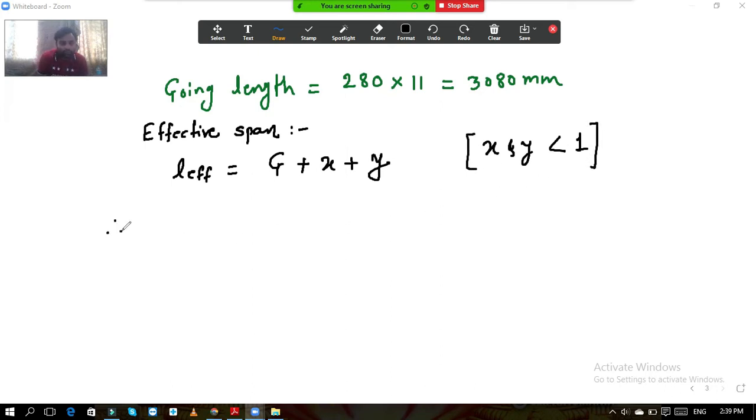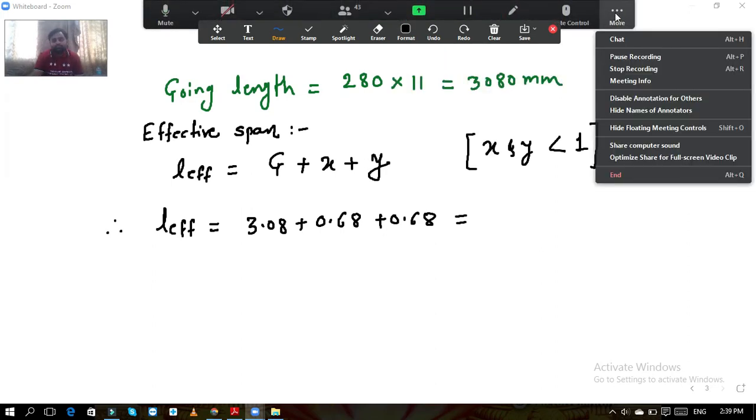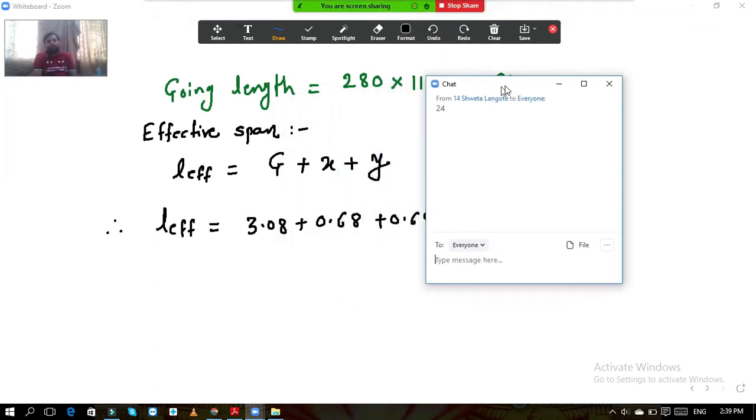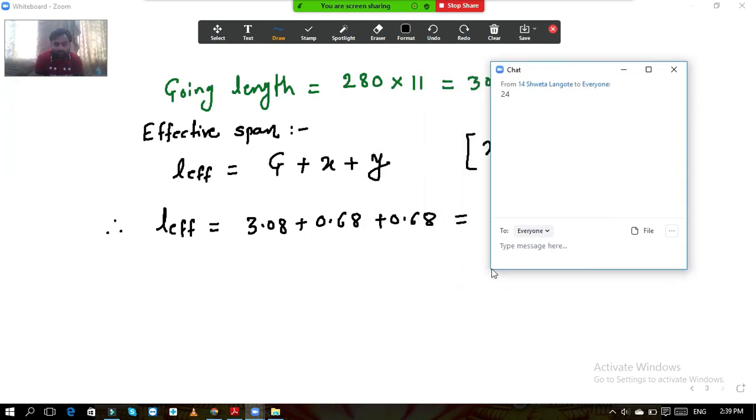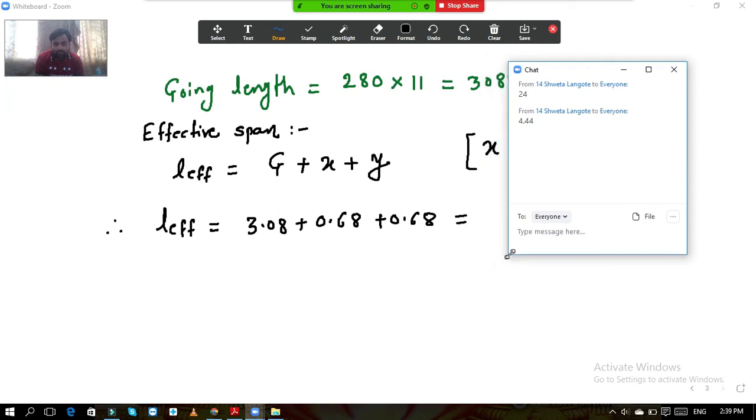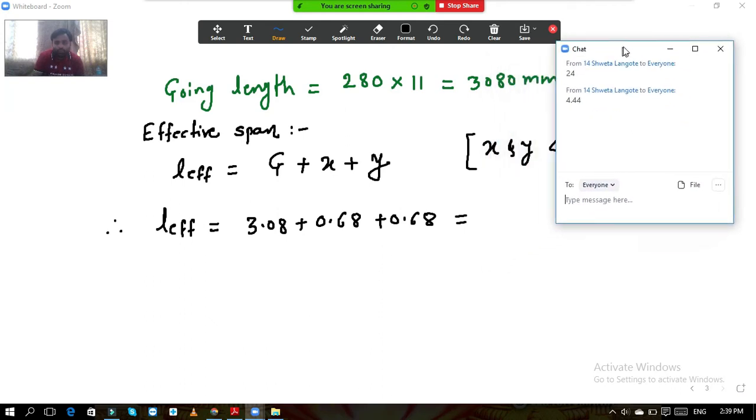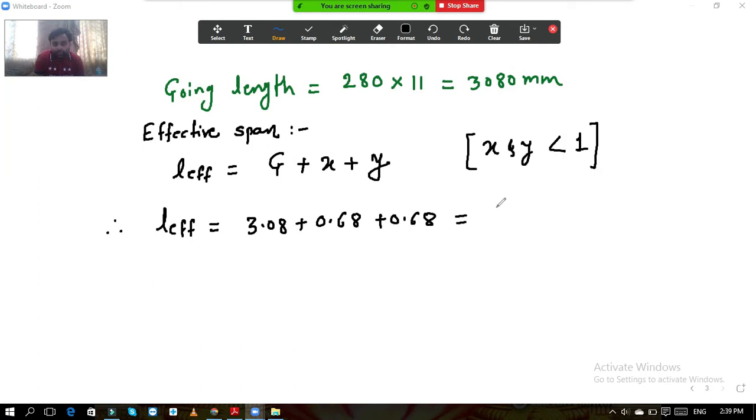So now therefore L effective is equal to g, 3.08, plus 0.68 plus 0.68, which is equal to, calculate the answer and let me know. 4.44. Okay, good. So 4.44 meter, which is equal to 4440 mm. This is the effective span of the staircase now.